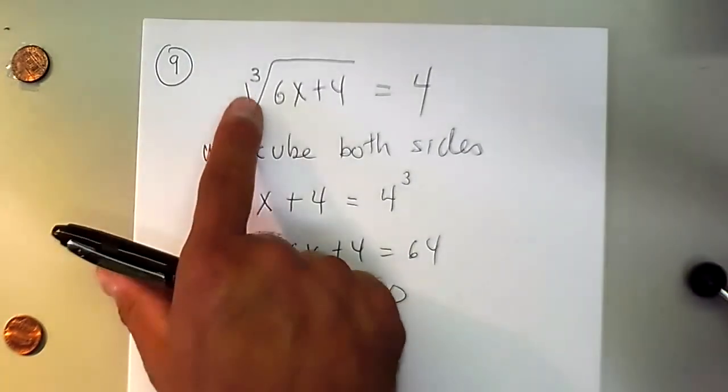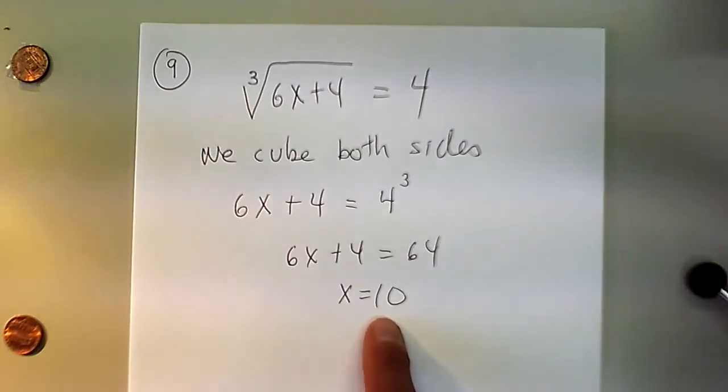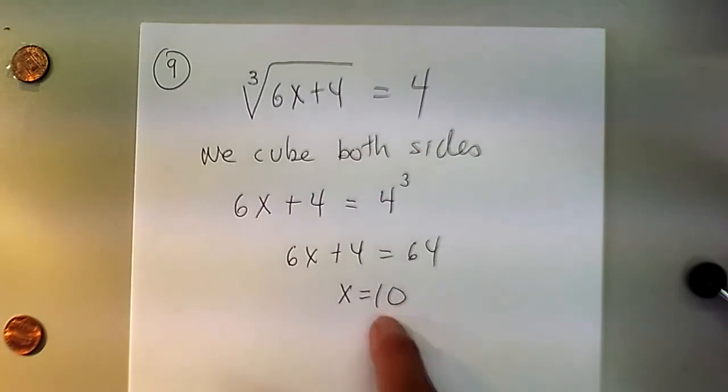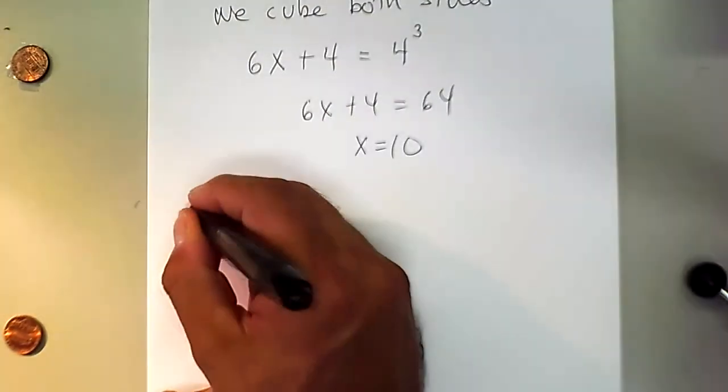Now, when we are dealing with cubic roots, it won't happen that we have extraneous solutions. So with cube roots, fifth roots, seventh roots, and so forth, whenever we have an odd root, we won't have extraneous solutions. So that is a fact.